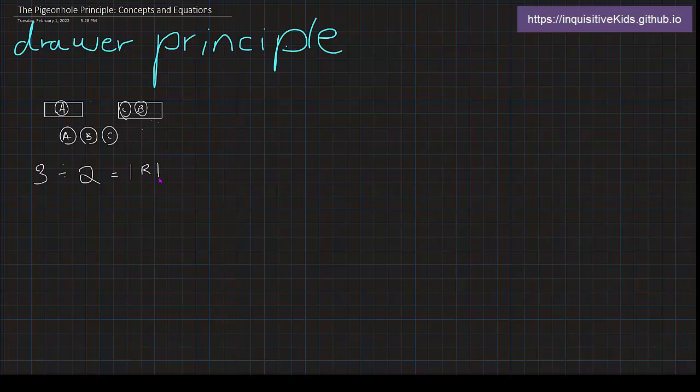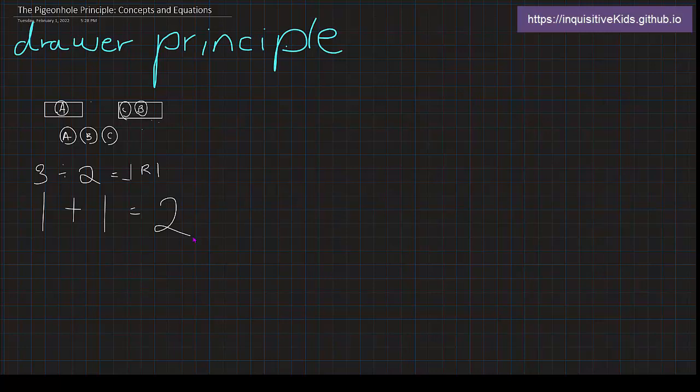You would get at least two pigeons in one drawer. And here's how the mathematician got 2: he takes this 1 here and then adds 1 for the remainder, which equals 2. So there would be at least 2 pigeons in one pigeonhole.